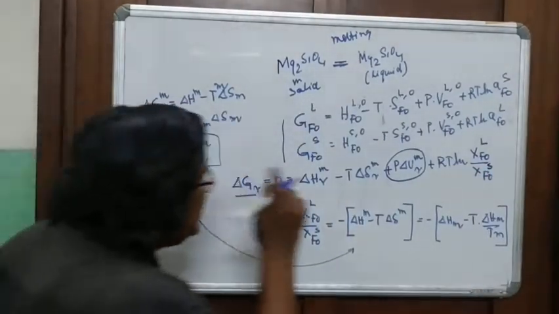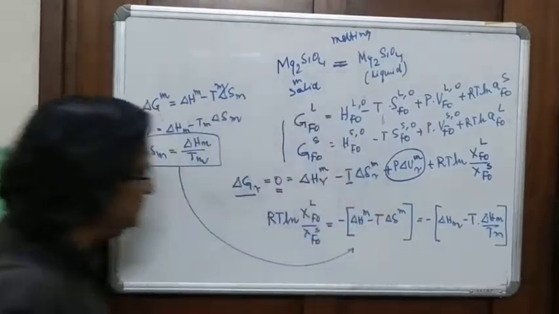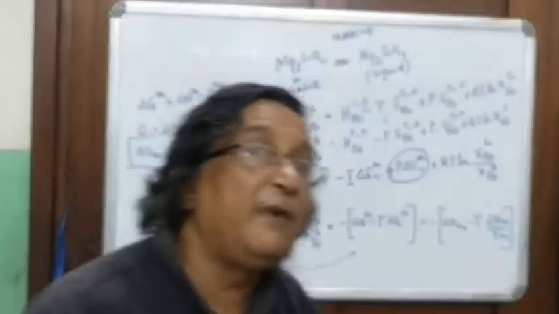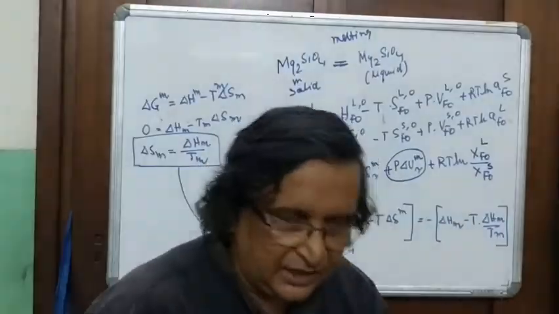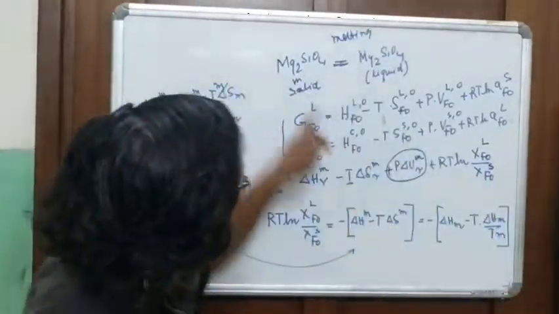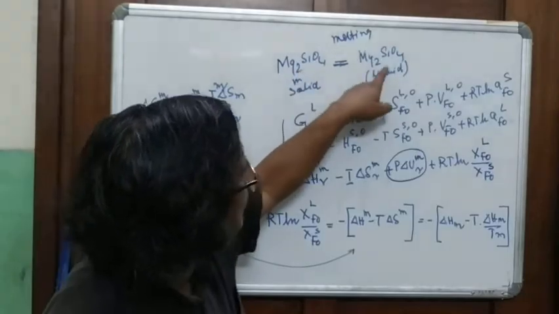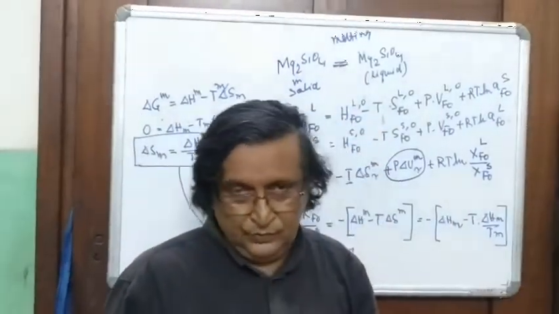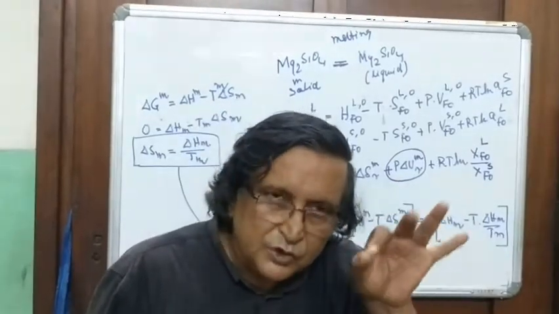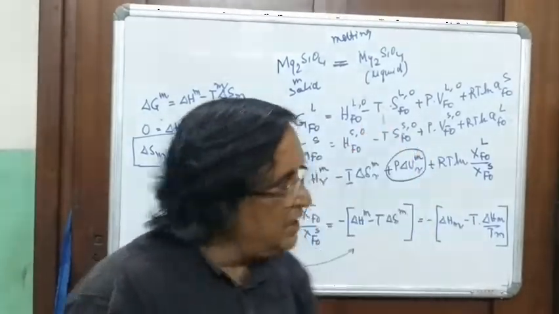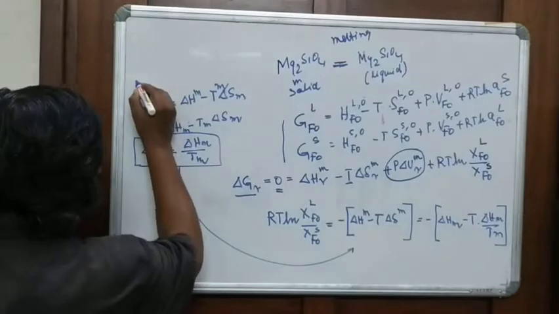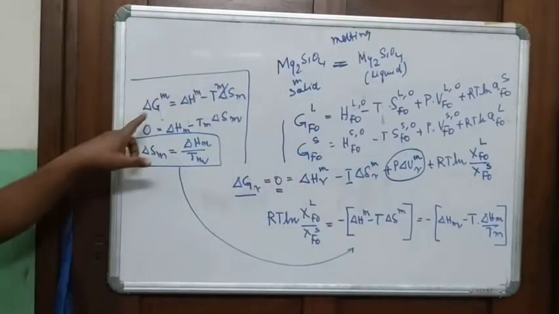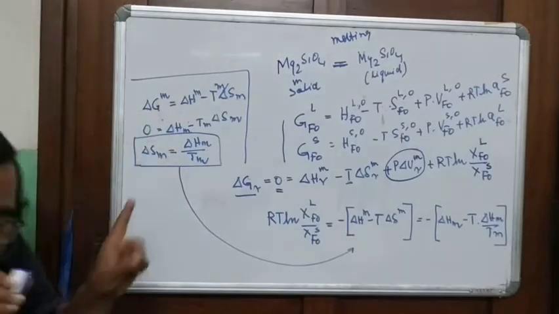What is this T? This T here is the temperature of equilibrium. Equilibrium of what? Equilibrium of melting. Melting of what? Forsterite in solid to forsterite in liquid, and I don't even know whether it's pure. That is what is called temperature, T. Now, look at this point here. Now that's interesting. This is delta Gm, not Gr.